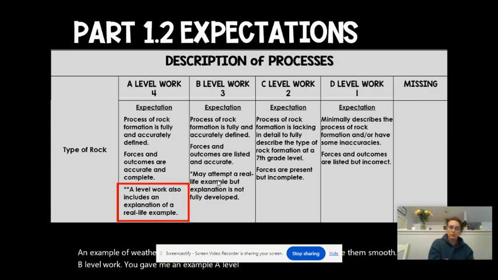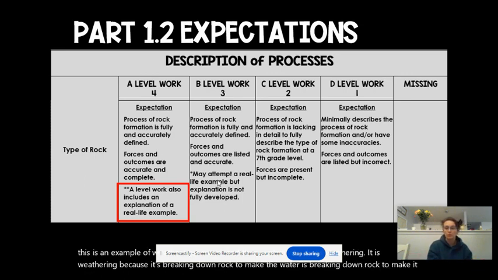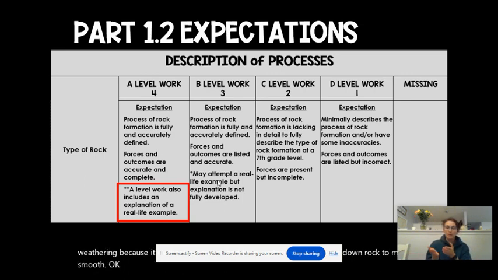A-level work would add on the sentence, this is an example of weathering because, and then explain why that's weathering. It is weathering because the water is breaking down rock to make it smooth. Okay? So you see the difference. B-level work lacks the because. It lacks the explanation of how this happens.